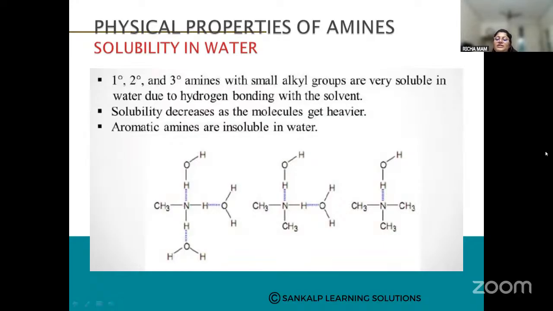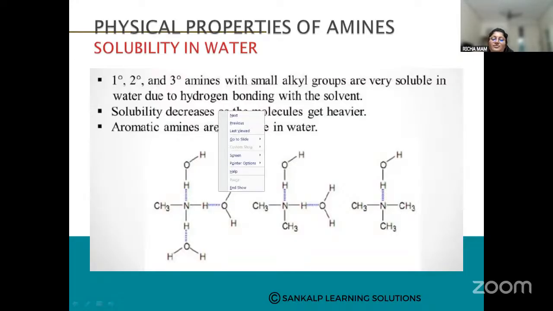This intermolecular association is more in primary than in secondary amines. But tertiary amines, due to the absence of hydrogen, have no intermolecular association. So the boiling point of amines is primary greater than secondary, which is greater than tertiary.